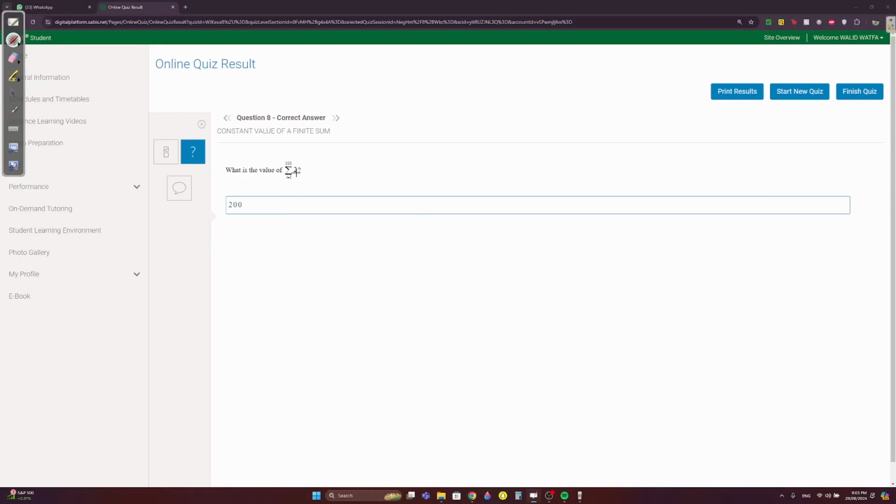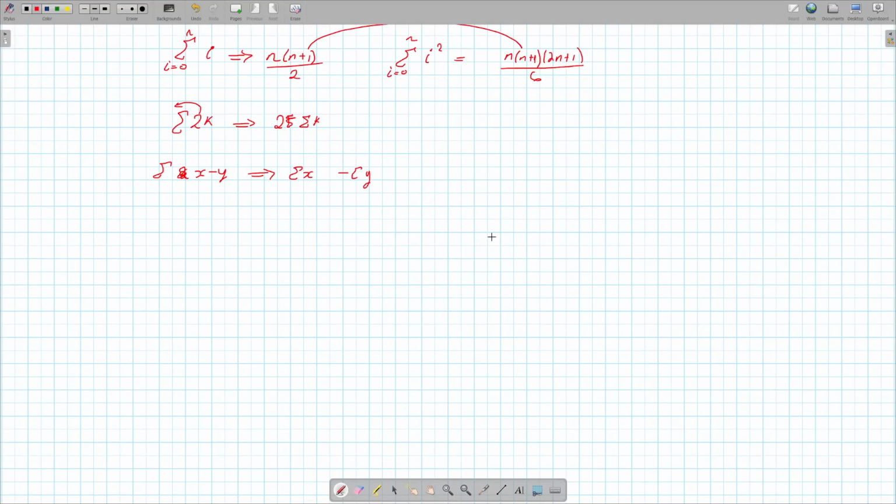Question 8. What is the value? I didn't explain this, but whenever you have sigma of x, let's say x is any positive integer, and it starts at i equals 1 and goes up to n, the answer will always be x times n.